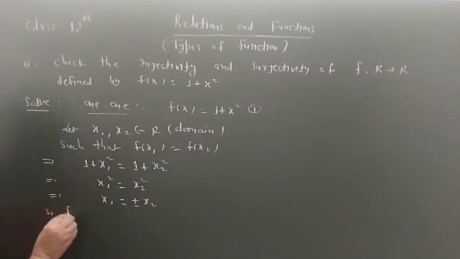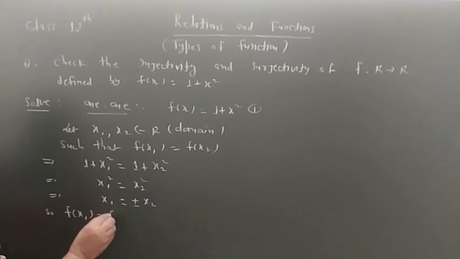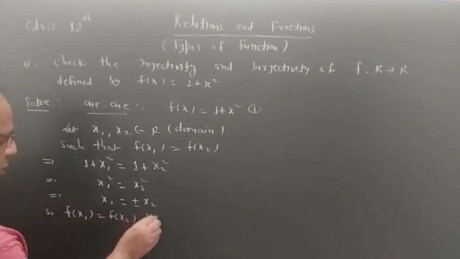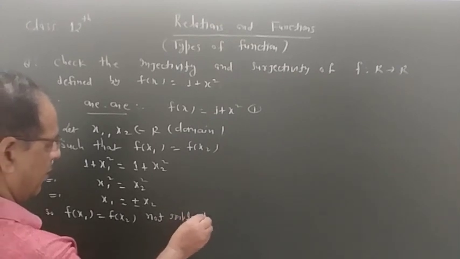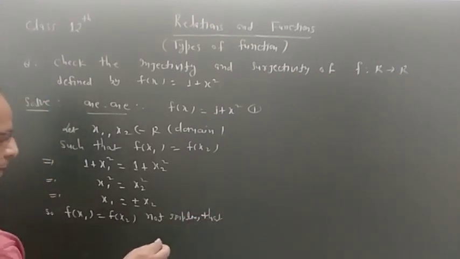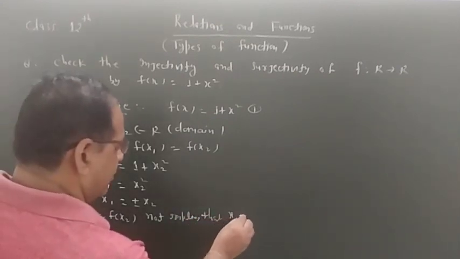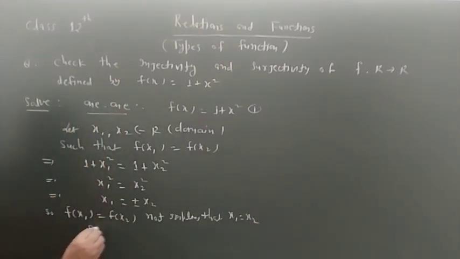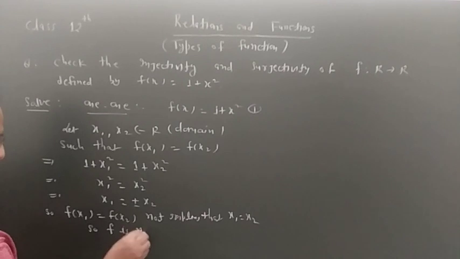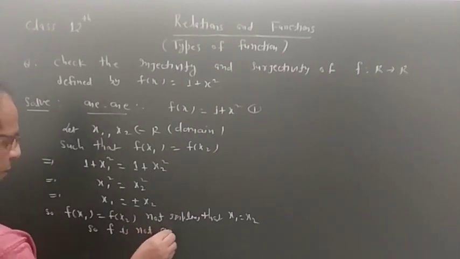So f(x1) = f(x2) does not imply that x1 = x2. So f is not one-one.